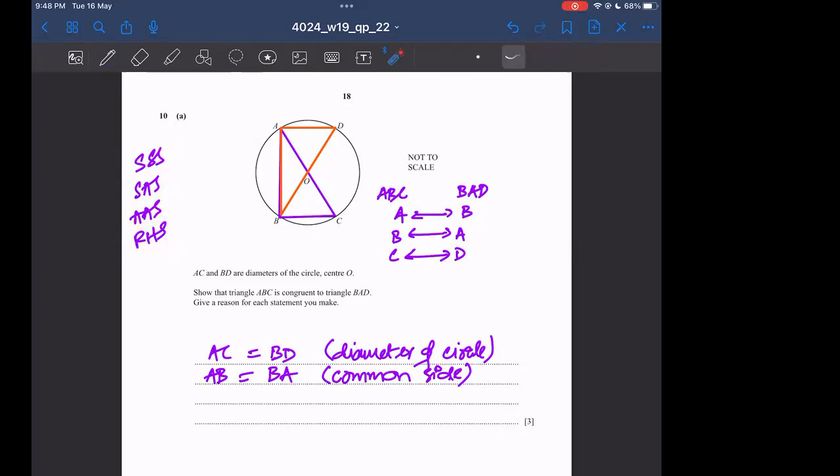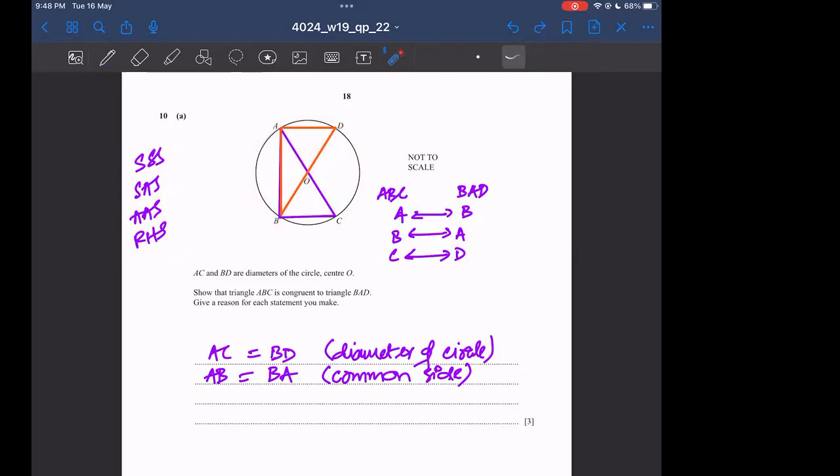Now we can say that this angle over here is 90 and this angle over here is also going to be 90 because angle in a semicircle is 90 degrees. See, if this is the diameter, this is a semicircle, this is going to be 90 degrees.